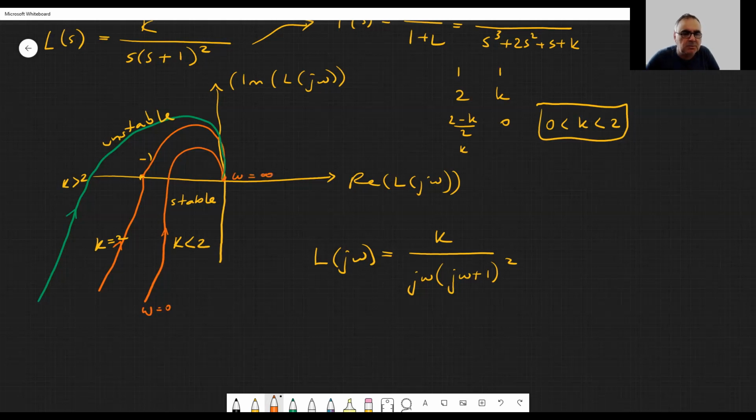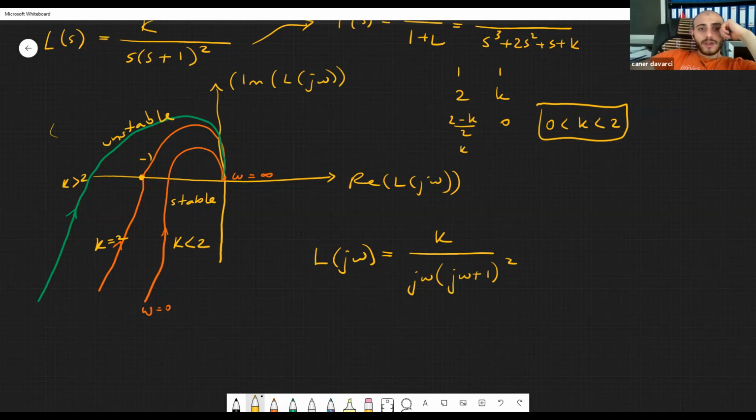We just increase omega and plot it. As I said, there is an important point which I'm not able to prove because its proof takes a lot of time and requires knowledge of the theory of complex variables. If you encircle this -1 point with this plot, your system becomes unstable.